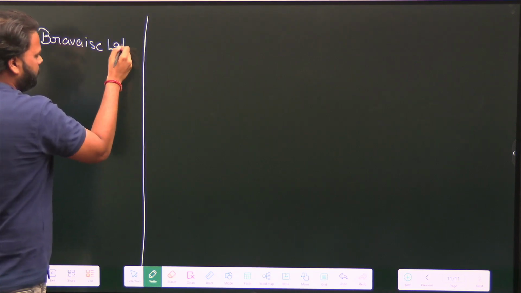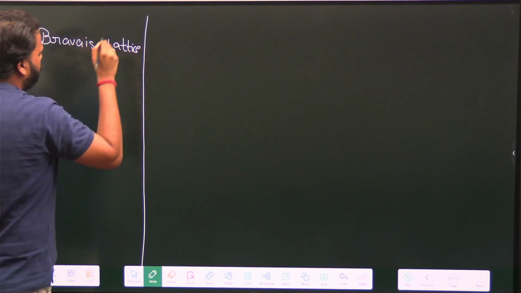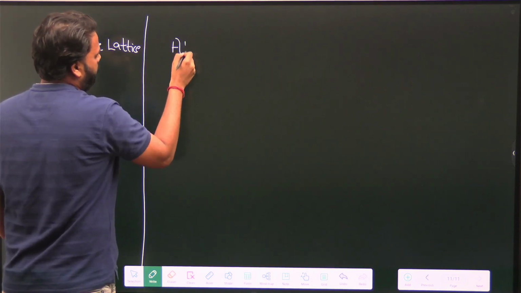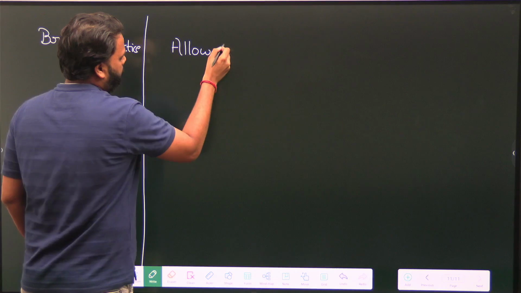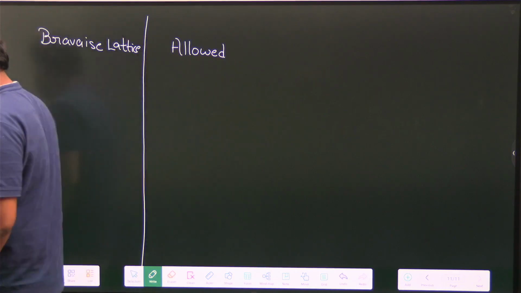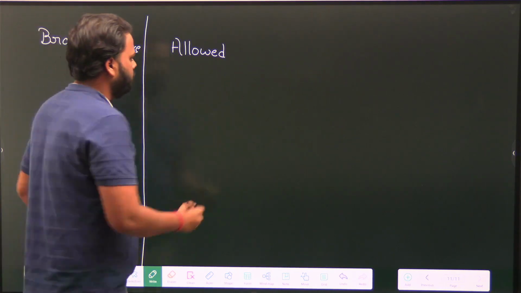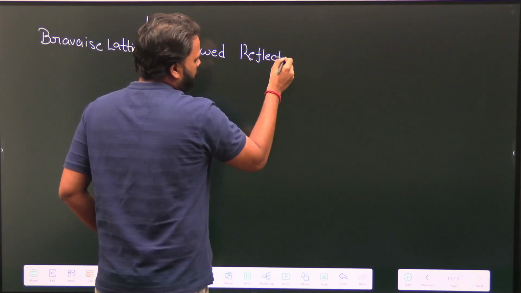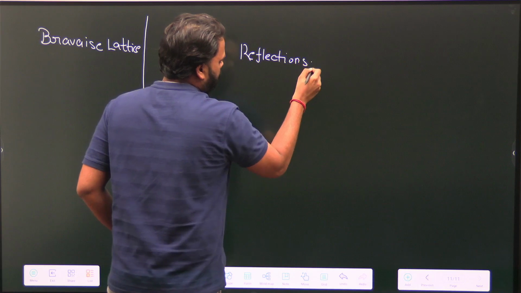Means lattice or crystal structure, whatever you want to write, you can write. And on the other side, we will write allowed peak or allowed intensity or allowed reflection, whatever you want to write. Allowed reflections, you can write allowed reflections. समझना ज़्यादा ज़रूरी है, ठीक है?